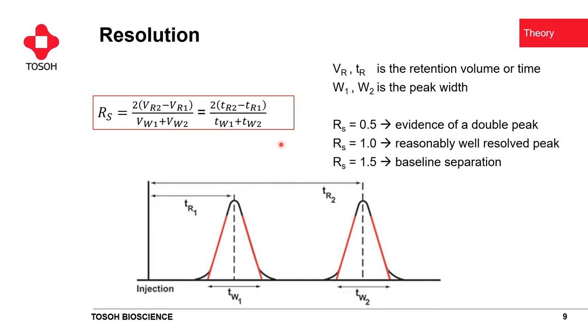So what we will get is a value, and this can tell us how well we have two peaks separated. So typically a value of 0.5 is not a very good separation of the two peaks, even though it may result in a double peak. Then for a resolution of 1.5, we typically say it's a good separation and may also be a baseline separation.